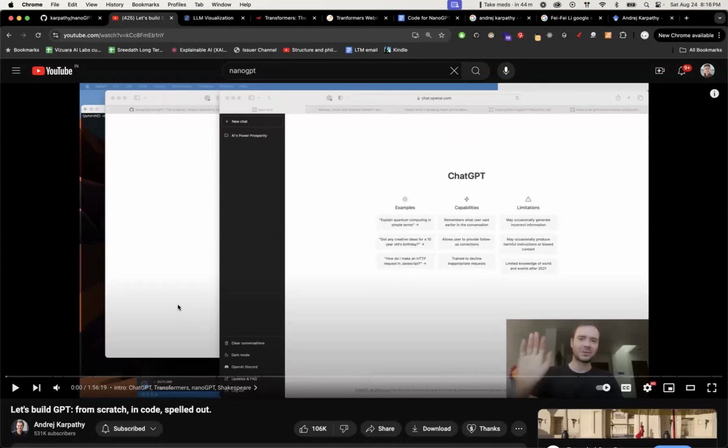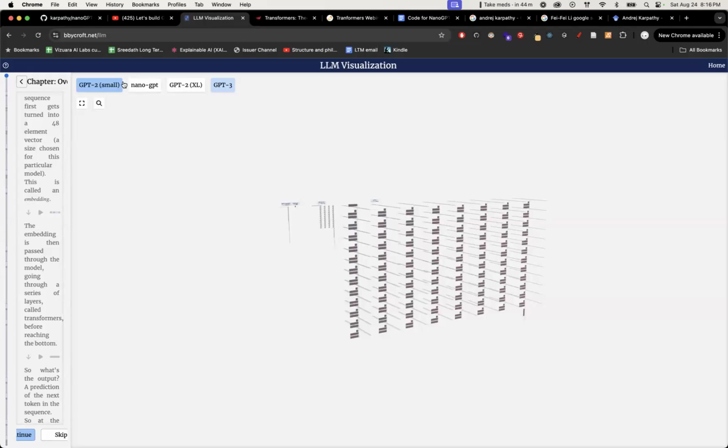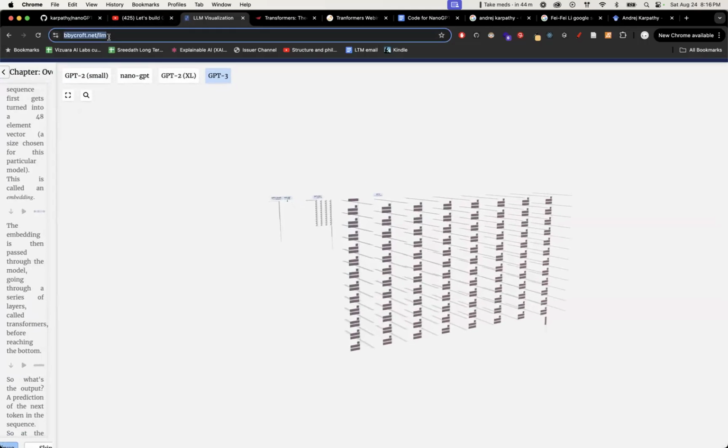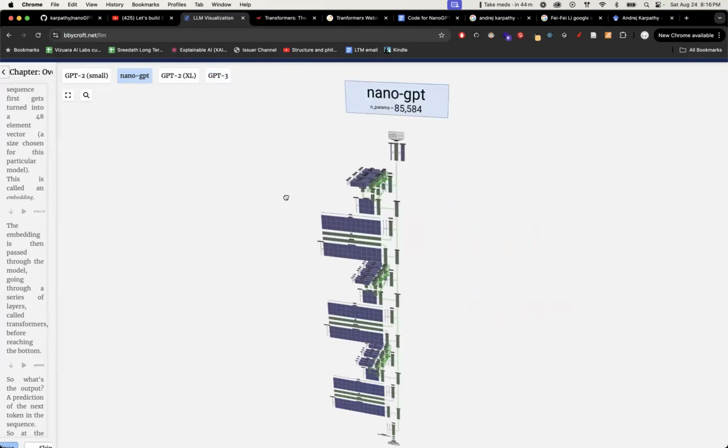So in this particular lecture, he introduced something called Nano GPT. Nano GPT is something that he proposed, which is a very small version of an actual GPT. I'll share the link to this particular website. You can go and see the actual visualization of GPT. So let's first look at Nano GPT. It's something like this.